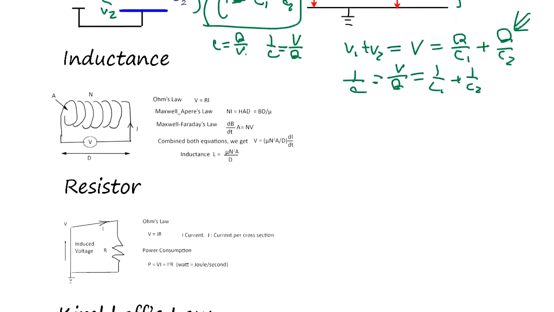Now inductance is about how much magnetic field is generated, right? So the key equation is this one, dB/dt, and A is N times area.